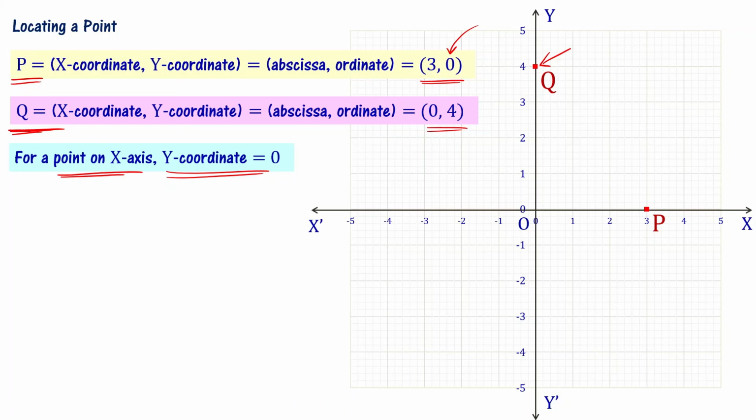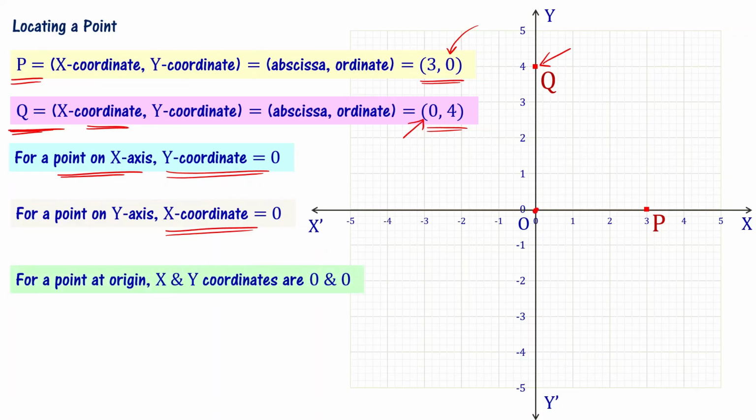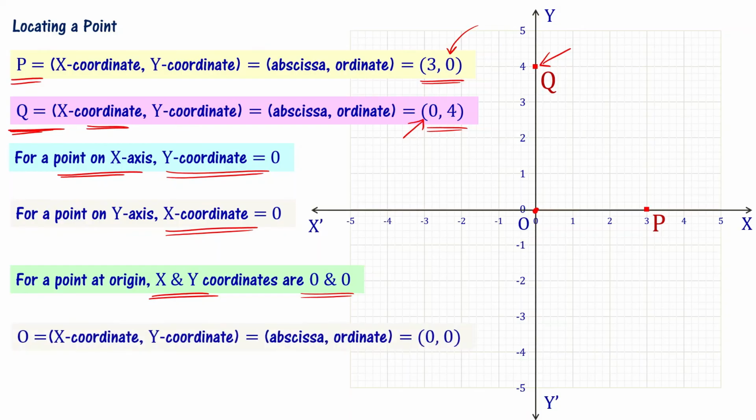For that, the x coordinate is 0. It means for a point on y axis, the x coordinate is going to be 0. Now what about origin? For the point at origin, both x and y coordinates are 0 and 0. It means the coordinates of origin O is 0 comma 0.